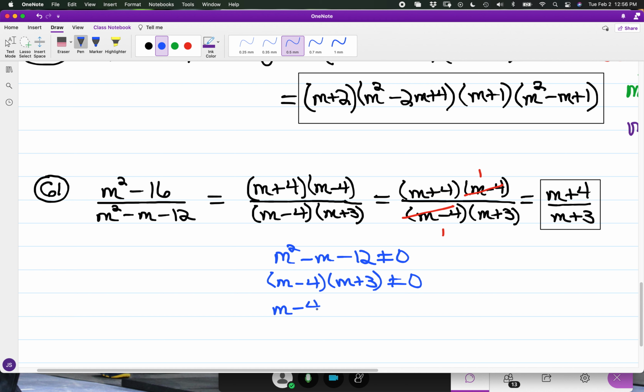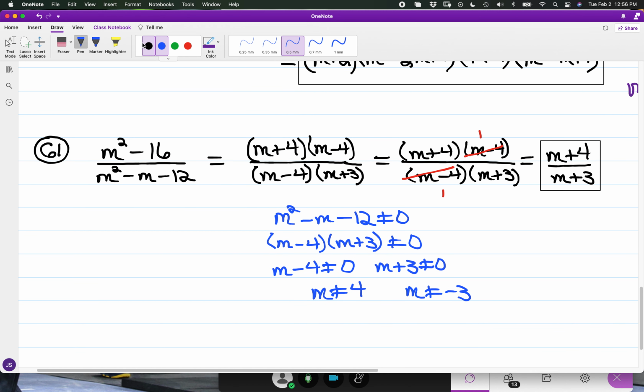Just pinpointing what m cannot be: if m minus 4 cannot be 0, then m cannot be 4. And if m plus 3 cannot be 0, then m cannot be equal to negative 3. Those exclusions make up what are referred to as the restricted values.